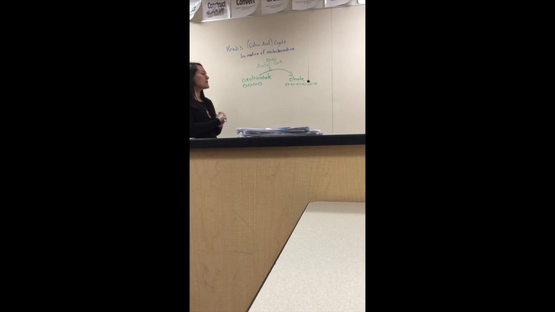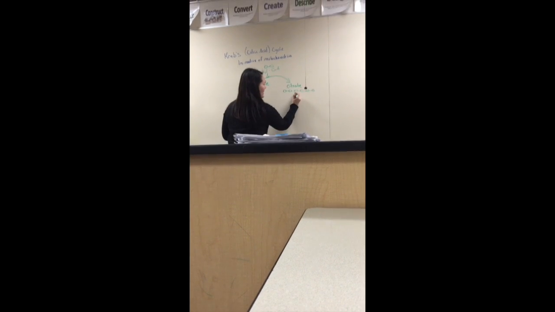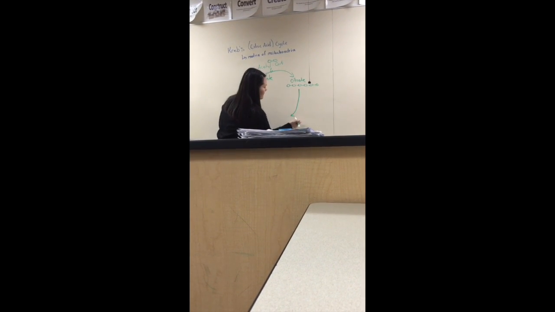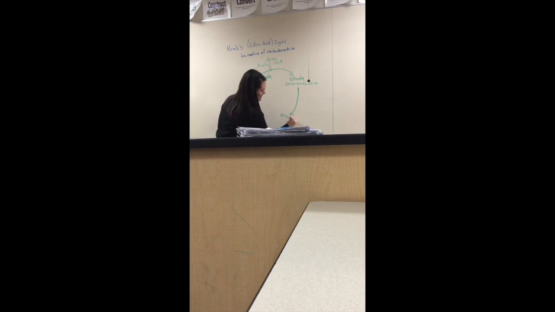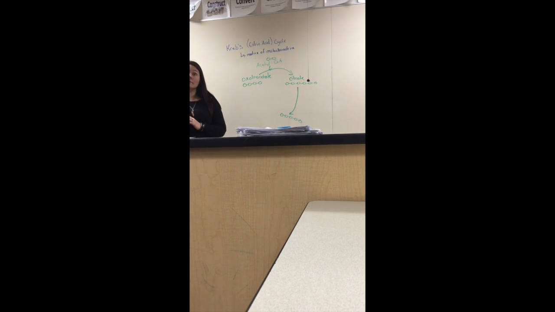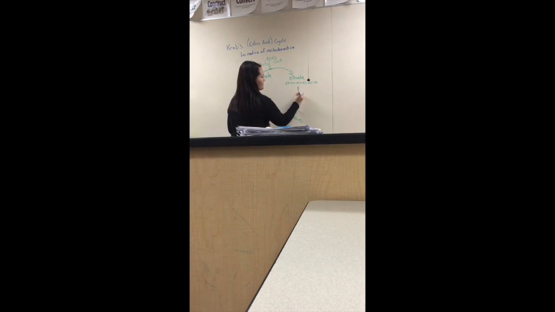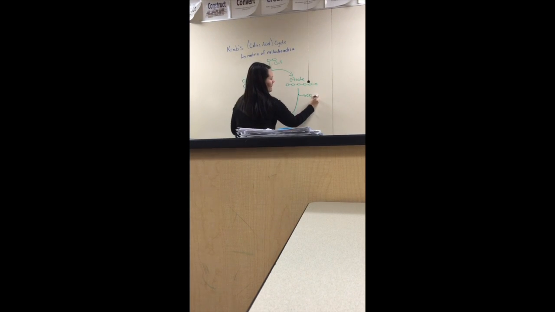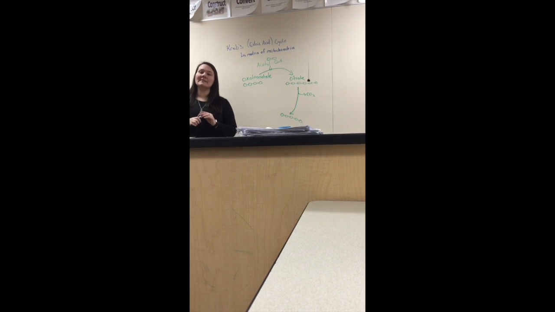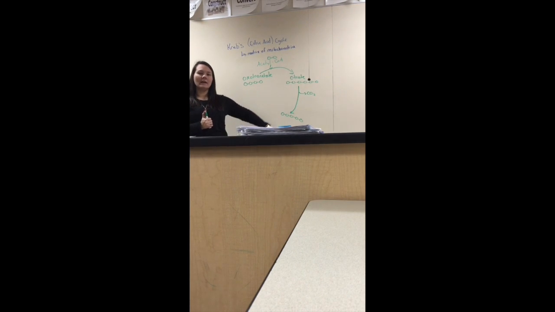Okay? So from citrate, we are going to form a 5-carbon molecule. If we formed a 5-carbon molecule, what do you think was removed? Carbon dioxide. And if I told you that this was an oxidation, or citrate was oxidized down to this molecule, what else do you think is happening?